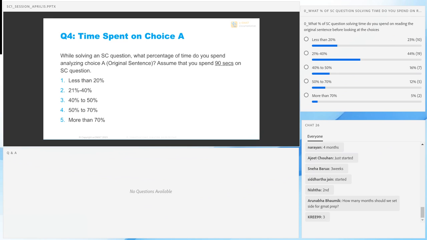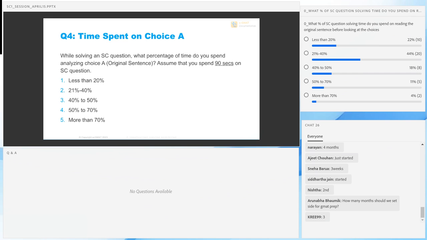All right, so let's talk about this. Look at the results here. 64% of the class spends less than 40%. In fact, the right answer over here is, you need to spend the majority of your time on looking at the original choice before you take a look at any of the answer choices.